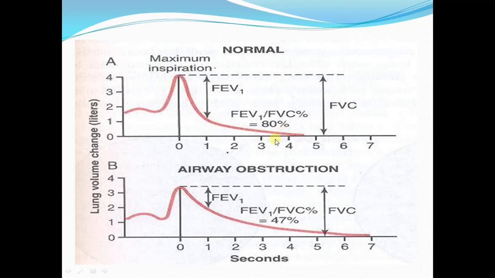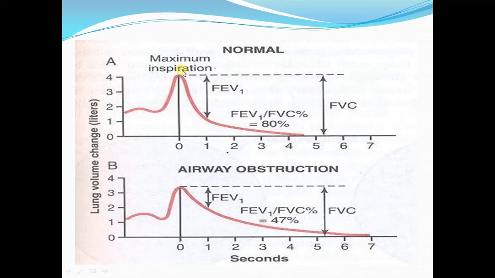In case of obstructive lung diseases, we can see a marked reduction in FEV1, that is the volume of air which is exhaled in the first second is decreased to a much greater extent as compared to the decrease in FVC. This is forced vital capacity total volume, although it is decreased.